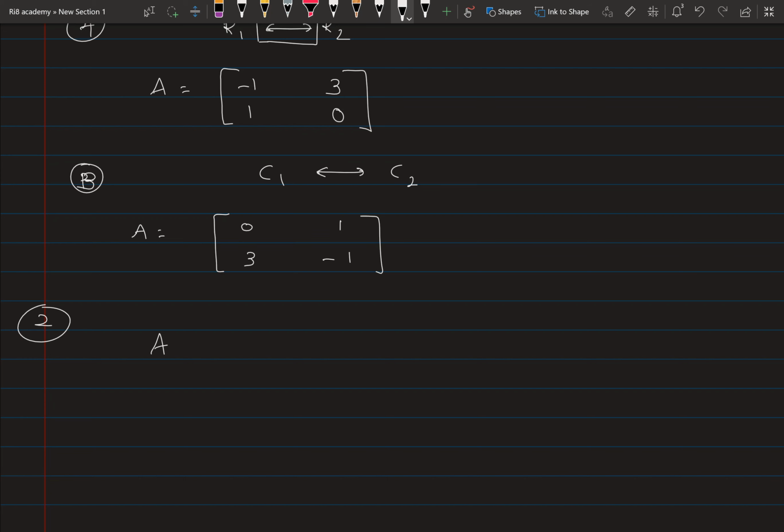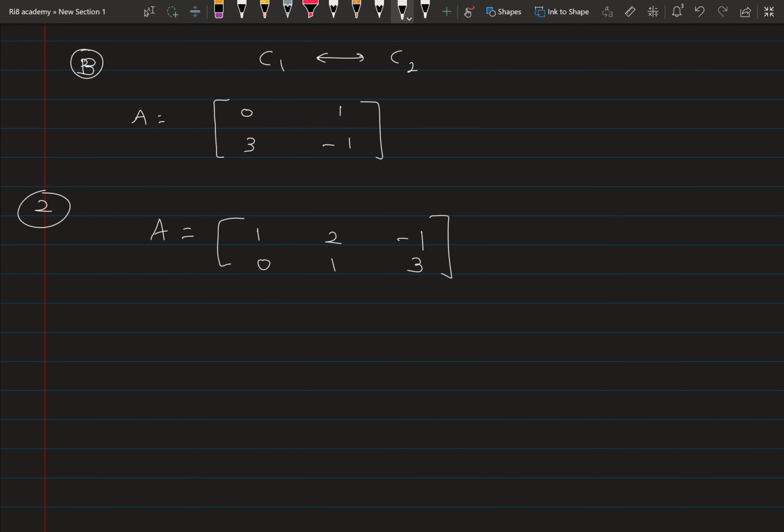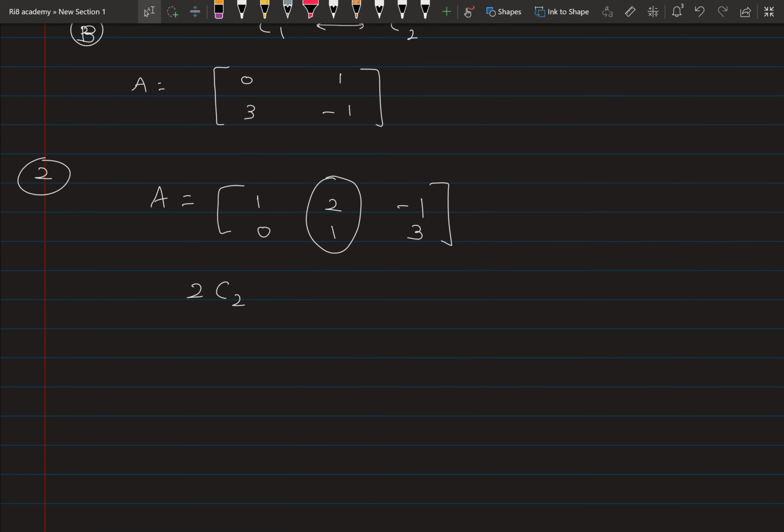I have A. It's a matrix of order 2 by 3. And I want to go for the operation 2C2. C2 is your second column, so it is over here, right? The operation says you multiply C2 by 2.